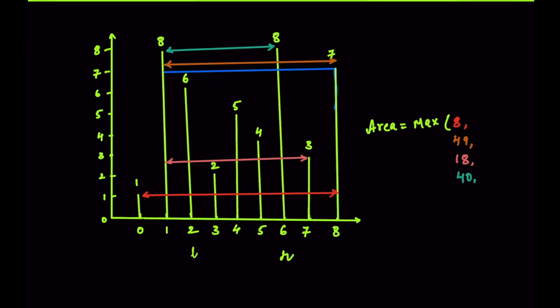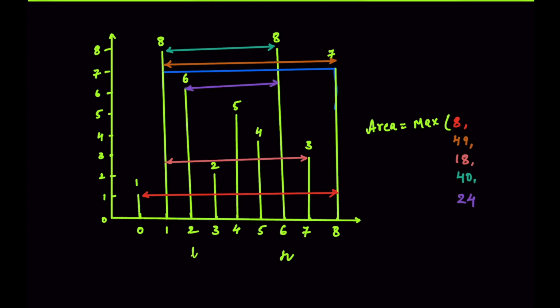Next, we are again incrementing our left pointer. So after incrementing our left pointer, my left index is at 2 and right index is at 6. Now we are again computing the area, and the area is going to be 6 into 4, that is 24.